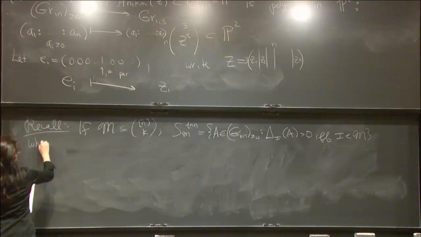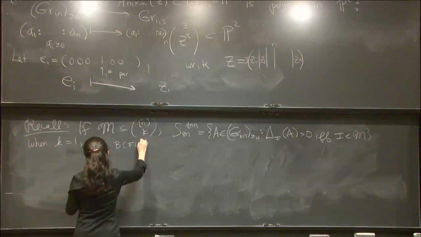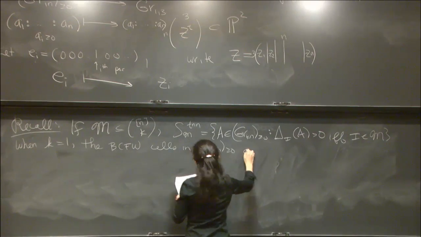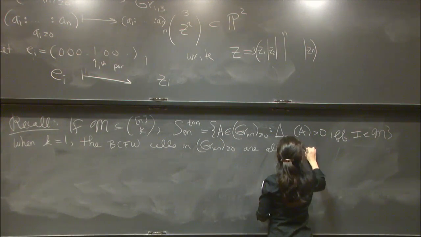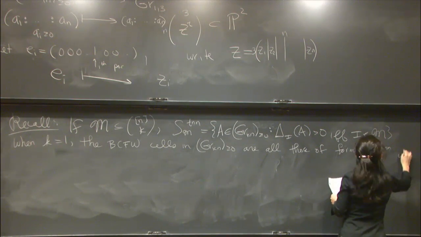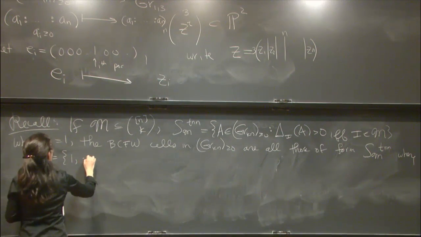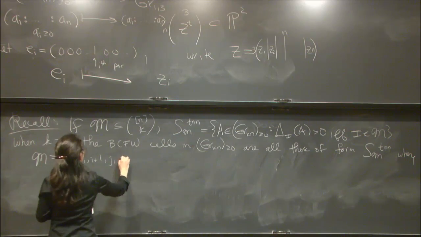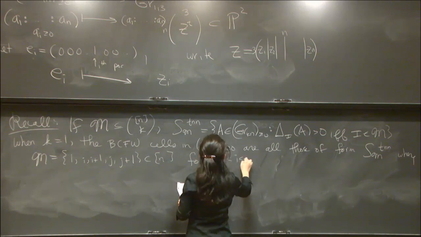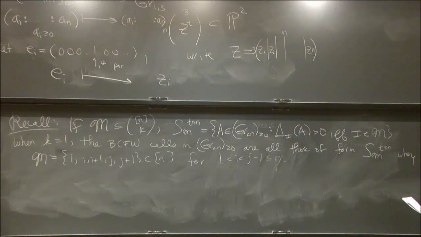Now, in the case that k equals 1, the BCFW cells in the non-negative Grassmannian are all those of the form S_M^{>0}, where M is {1, i, i+1, j, j+1}, for 1 < i < j-1 at most n.